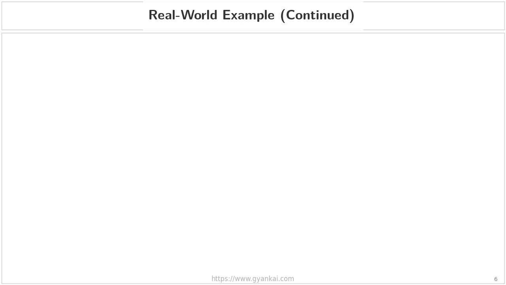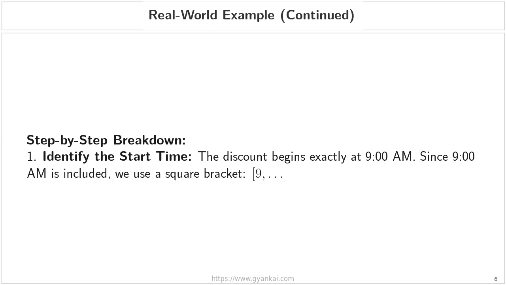Real-world example continued. Now that we have the scenario of the early bird discount in mind, let's walk through a step-by-step breakdown to see how we translate that real-world situation into mathematical notation. First, let's identify our start time.